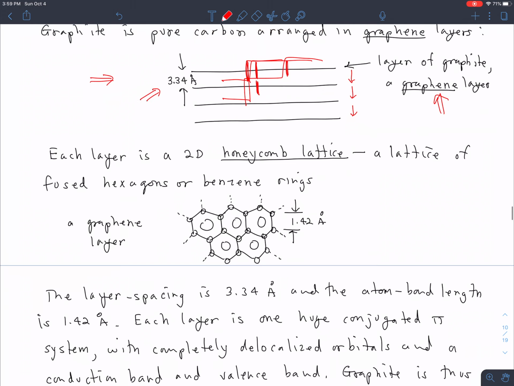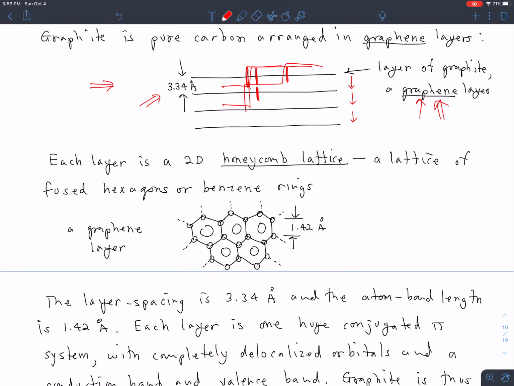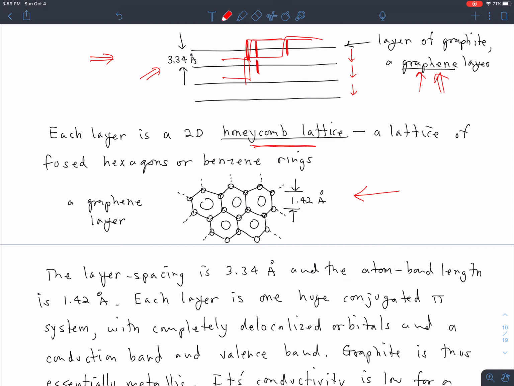Each of the graphene layers themselves is a honeycomb lattice of fused hexagonal rings, fused benzene rings, really. So it looks something like this. You can think of it as a bunch of fused benzenes, both in the sense that they're flat hexagons and in the sense that the electrons above the graphene layer are delocalized over the whole array, the whole huge, essentially infinite graphene layer.